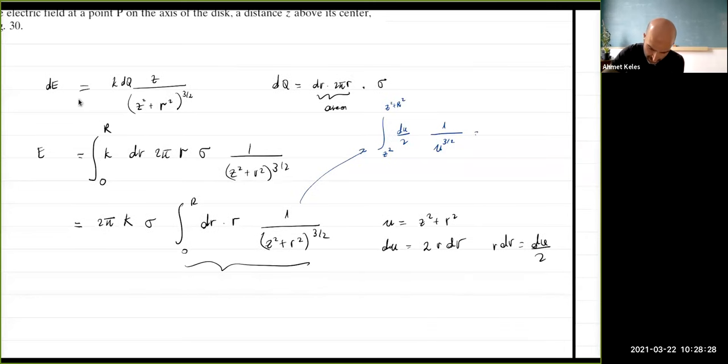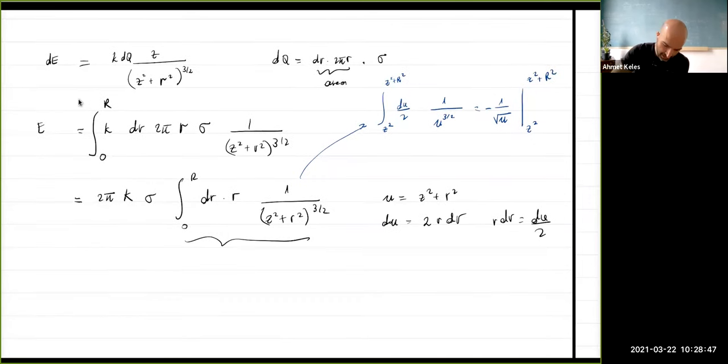And I think this integral is going to be 1 over square root of u, minus, taken from z squared to z squared plus r squared. Basically, we are done here.